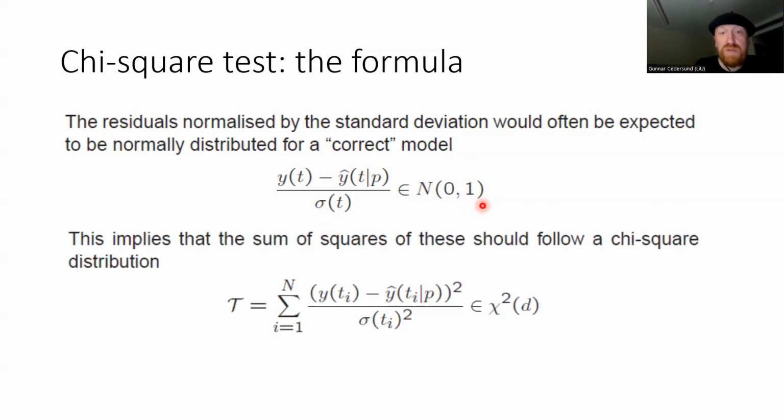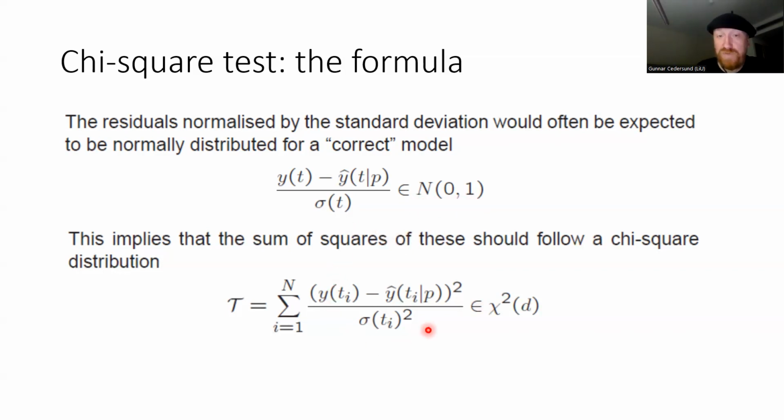So if you then just take many of those and you combine them with each other, then this is by definition a chi-square distribution. A chi-square distribution is defined as the sum of squares of N(0,1) distributions.